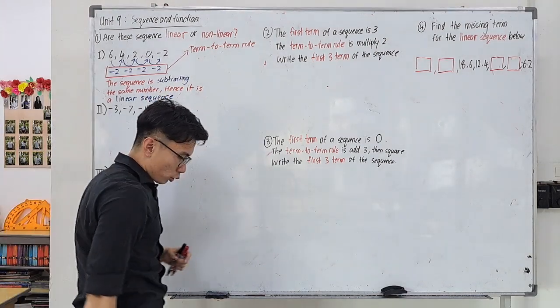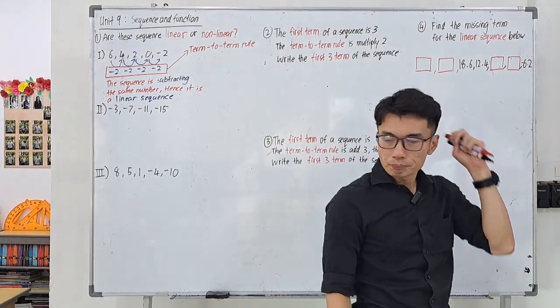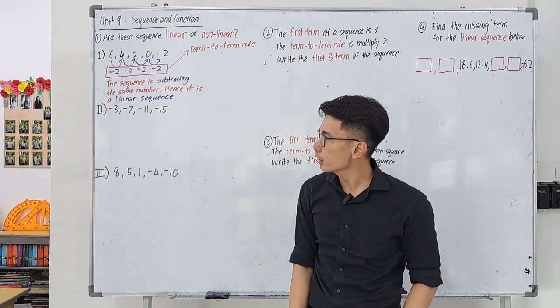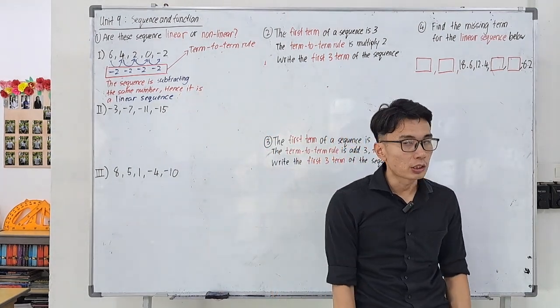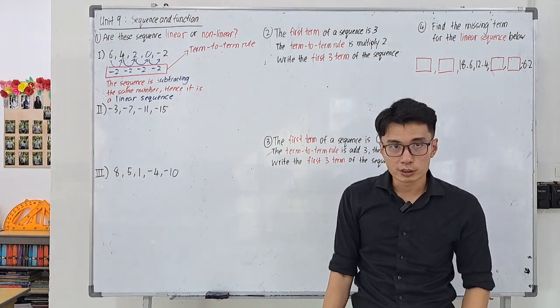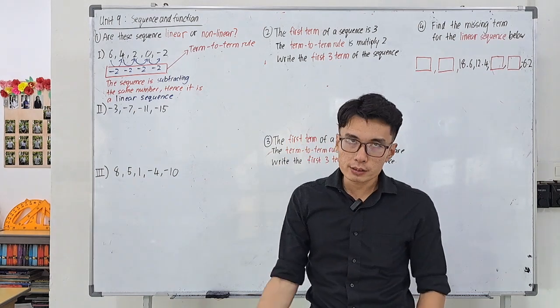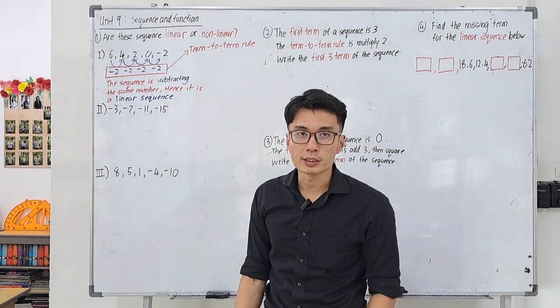So when you see an example that looks like this, they are subtracting the same number, so it is a linear sequence. Now it's not only for subtracting, it is also for adding. If they are adding the same number, it is also a linear sequence.